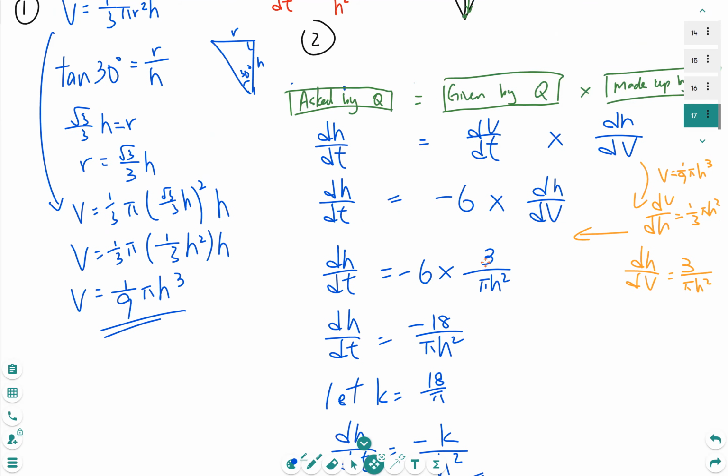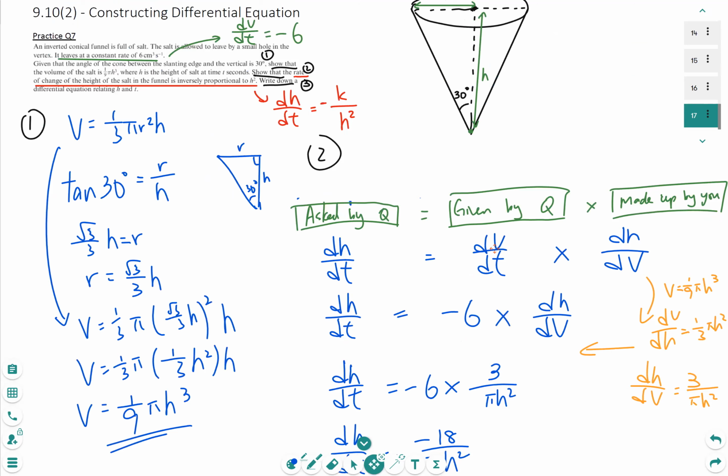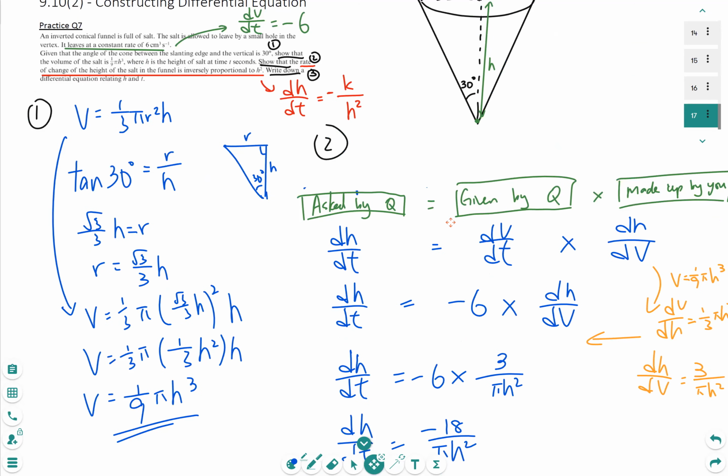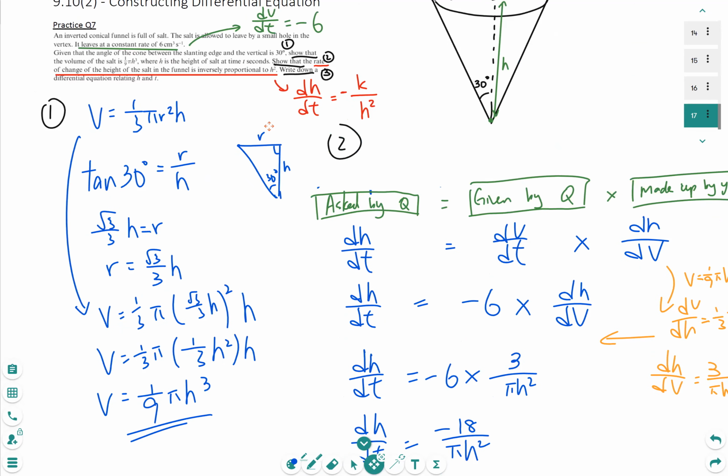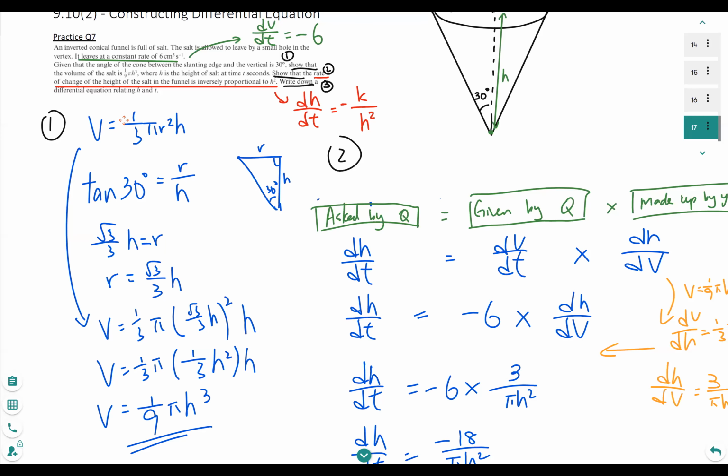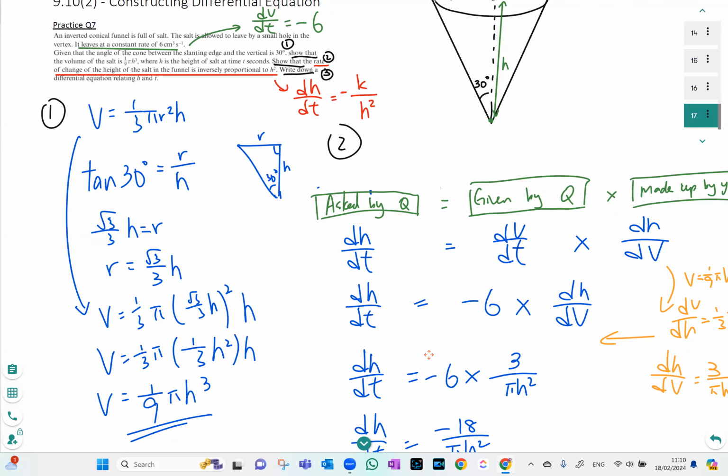Okay. Right, number 3. Write down a differential equation relating h and t. Have we already done that? Actually, we've done number 3 already as well, because there's a differential equation.